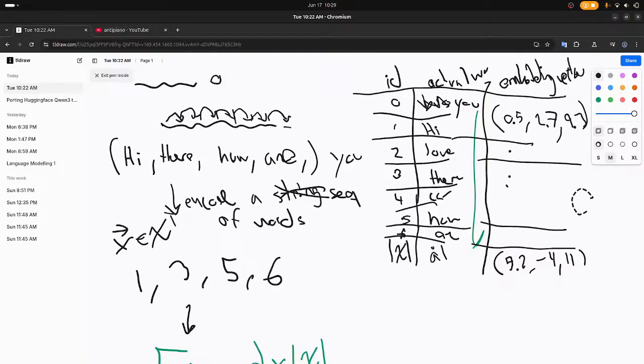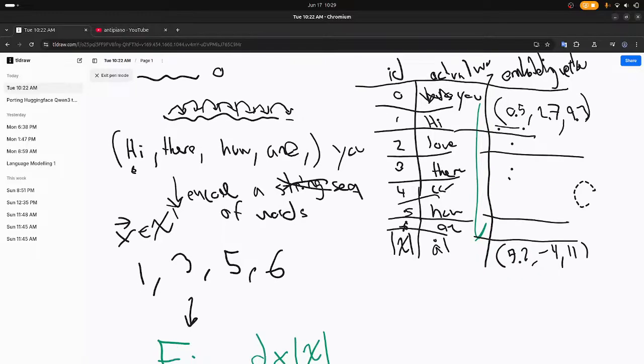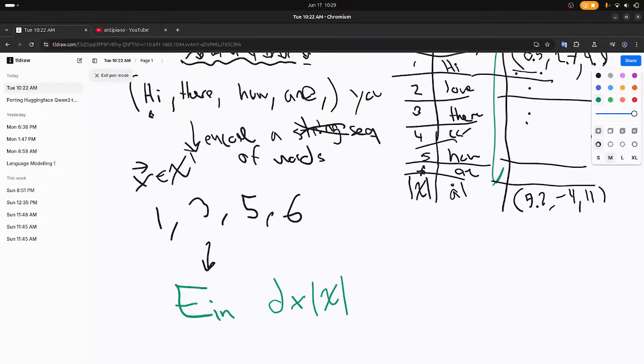So hi, we are here, hi, we go over here and say this is where we are, and for each of these words we now get some vector, and this will be the embedding. So we have hi there, how are you?